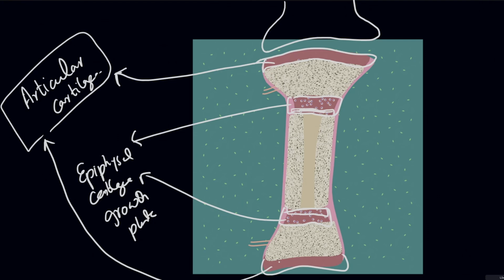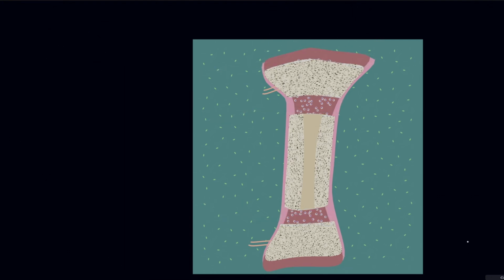How this process occurs is beyond the scope of this lecture. But it is worth mentioning here that epiphyseal cartilage and articular cartilage are basically the remnants of the original cartilage.